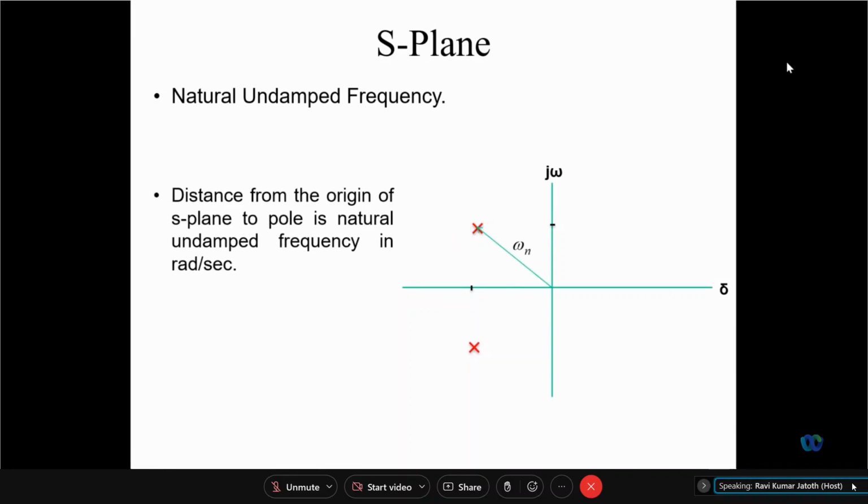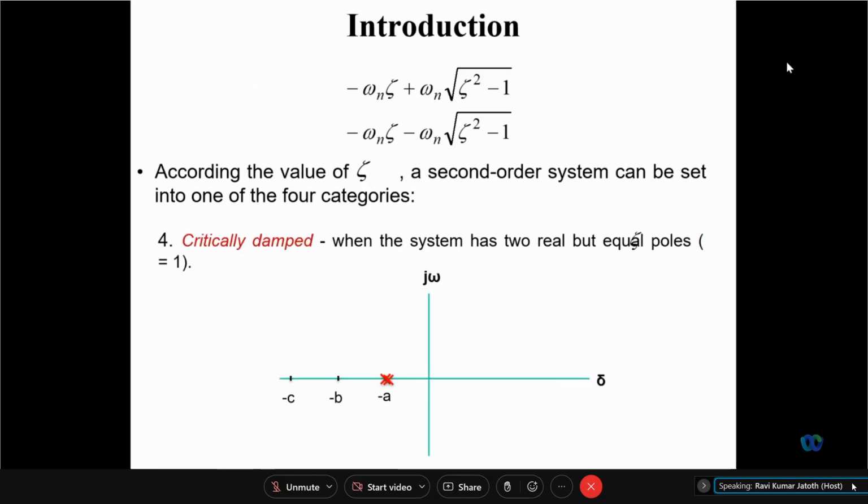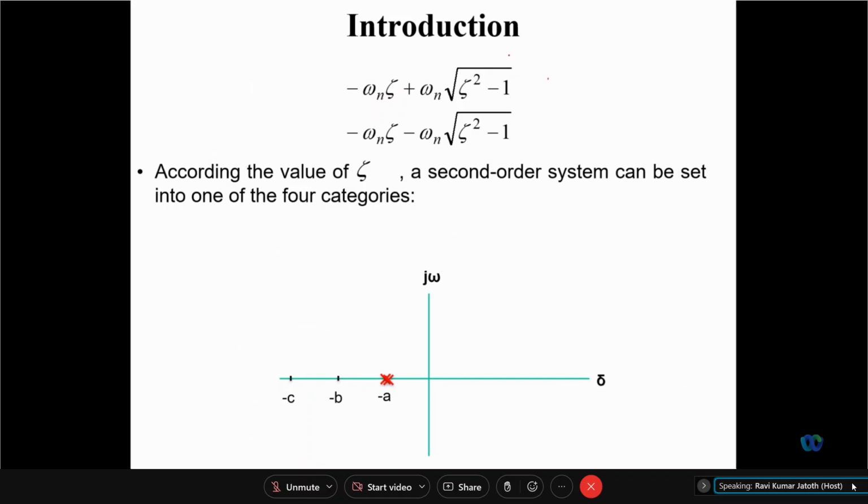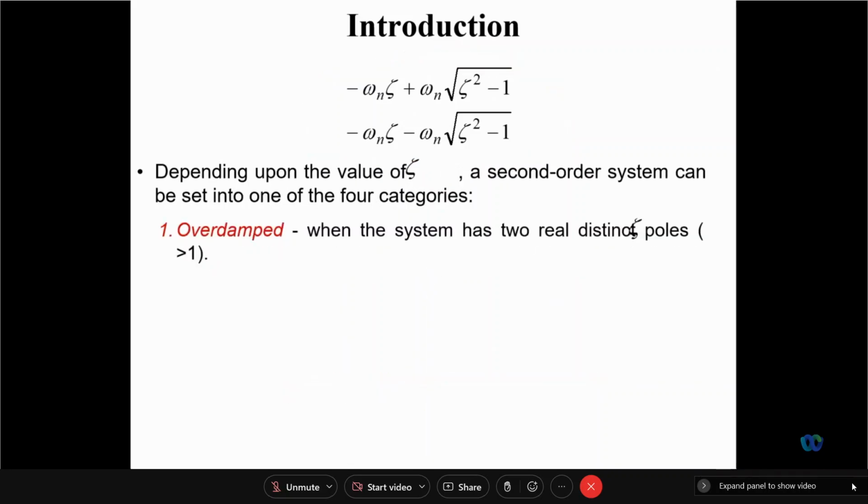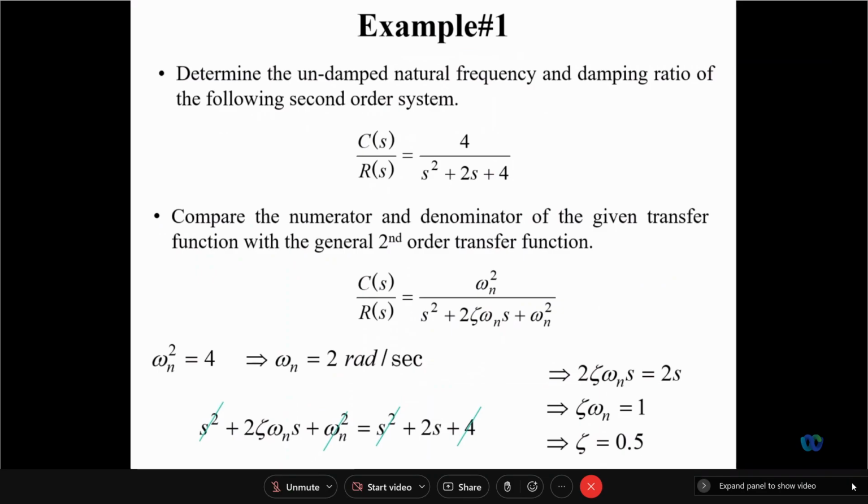So now, can anyone tell what the roots are? So this is the characteristic equation: s square plus 2 zeta omega n s plus omega n square. When you try to find the roots, can anyone tell me what they are?